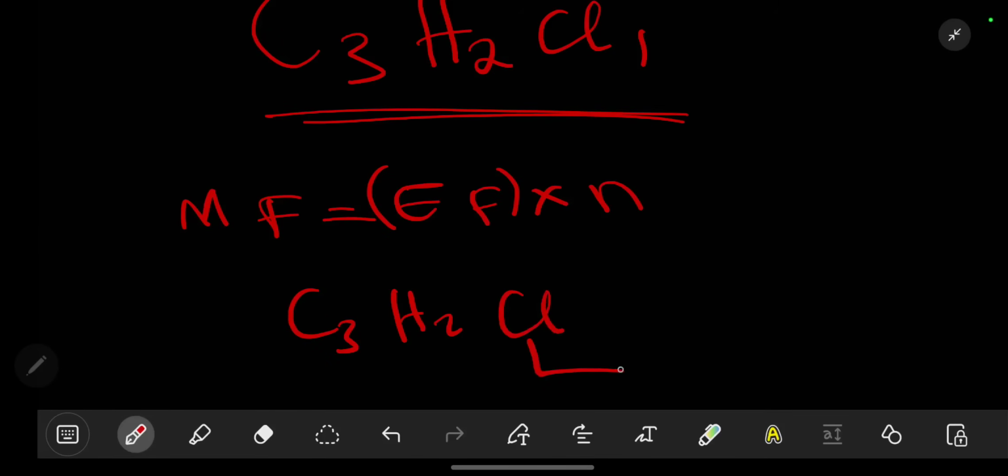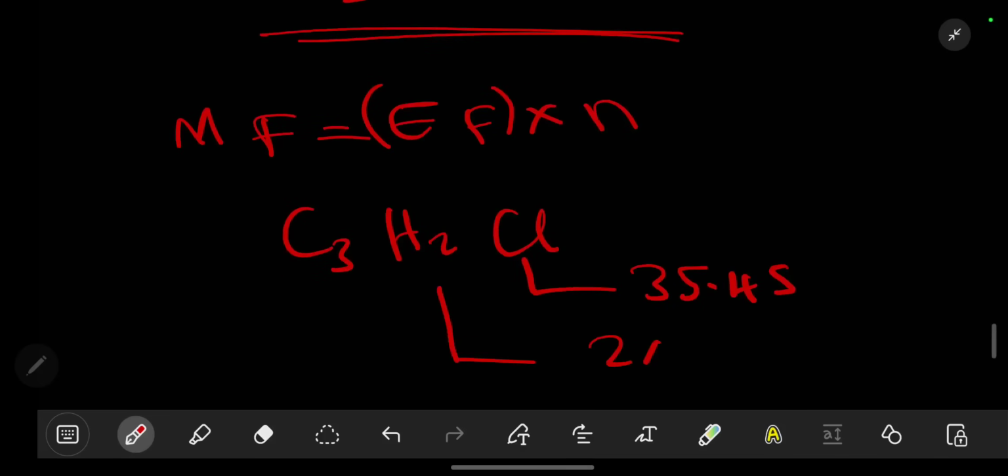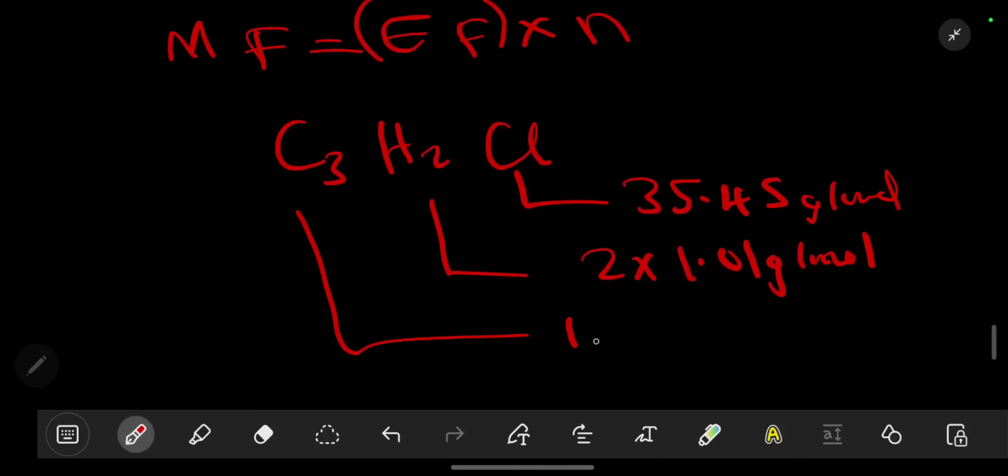Find the mass of the empirical formula, which is C3H2Cl. We know that the mass of chlorine is 35.45. For hydrogen, there are 2 of them, so we have 2 times 1.01. The mass of carbon is 12.01, and there are 3 of them.